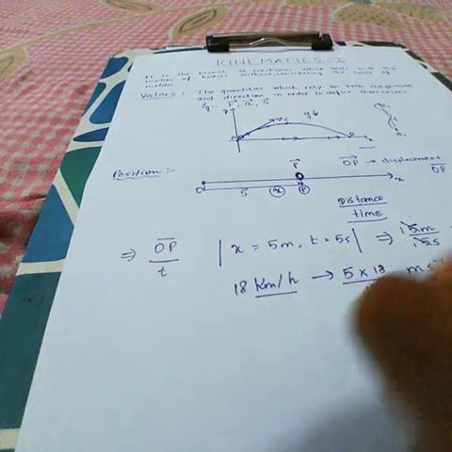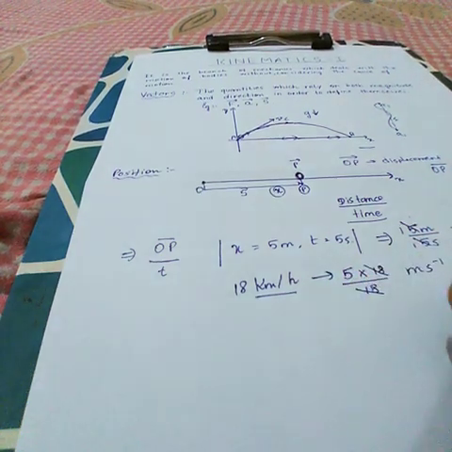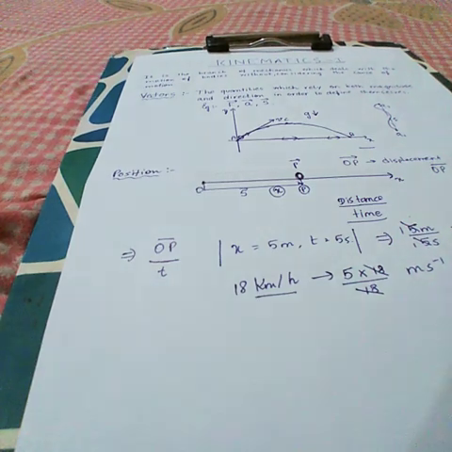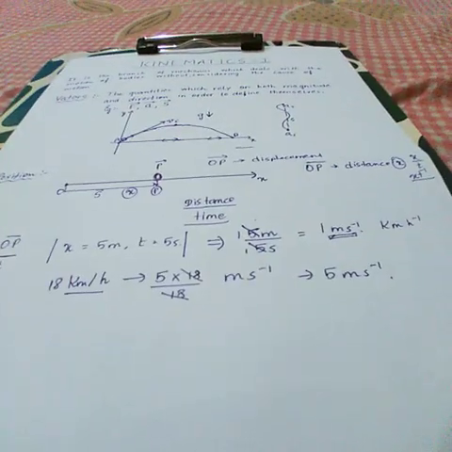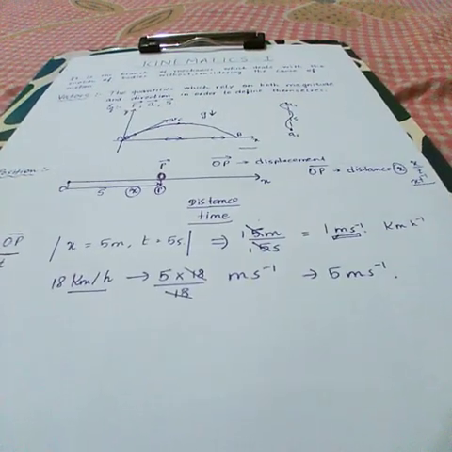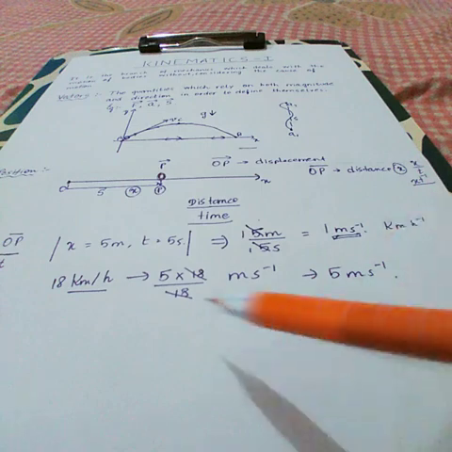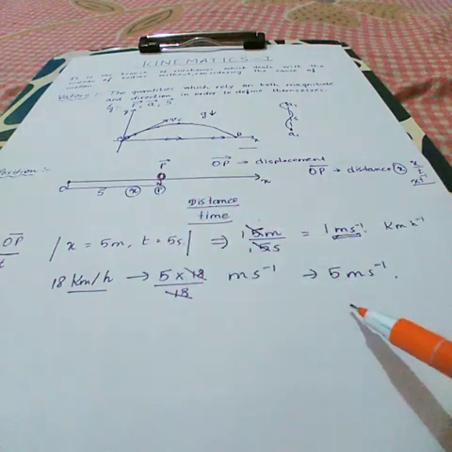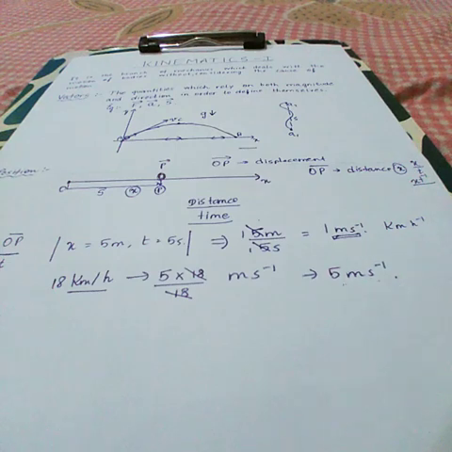We are multiplying it by 5 by 18. So the speed comes 5 meters per second. So we can say that 18 kilometer per hour equals 5 meters per second. So by this shortcut trick, we can convert anything which is given in kilometer per hour to meters per second. And this thing is going to help you a lot in numericals.